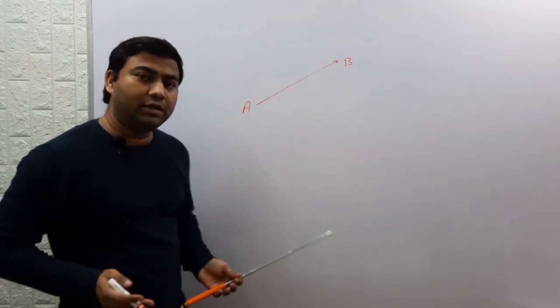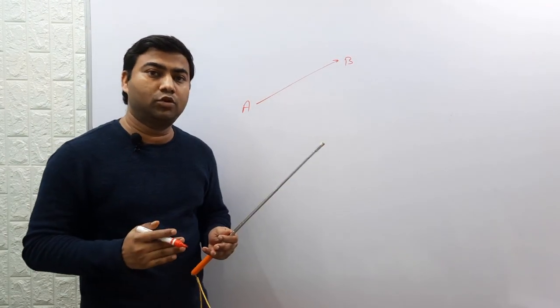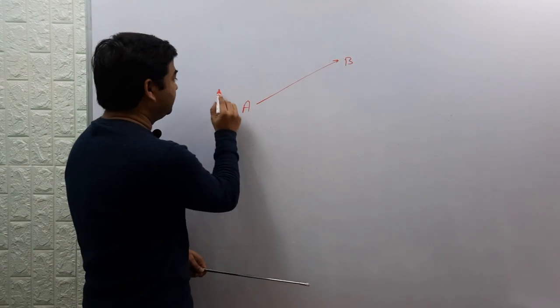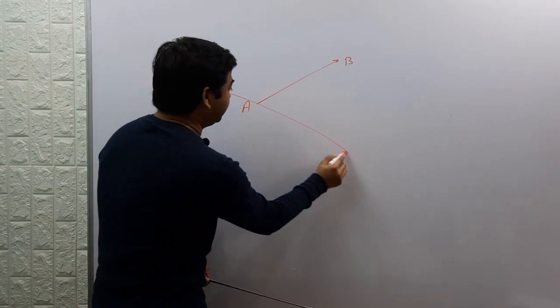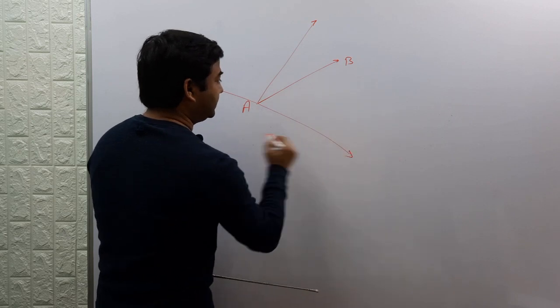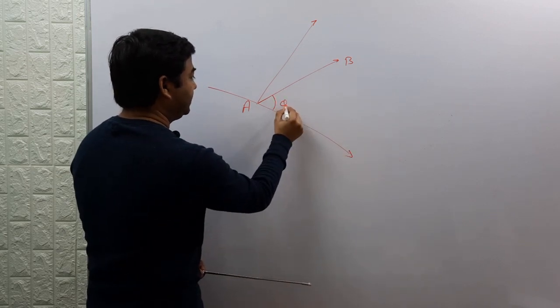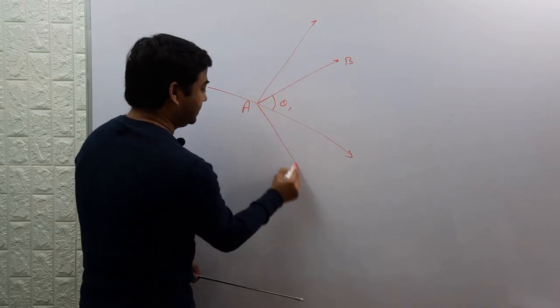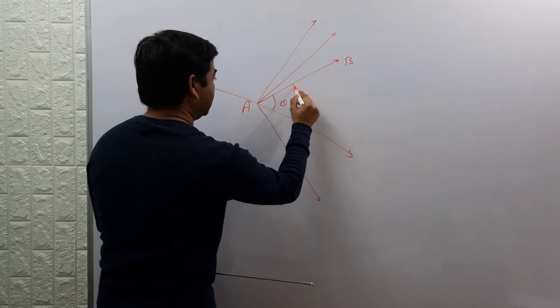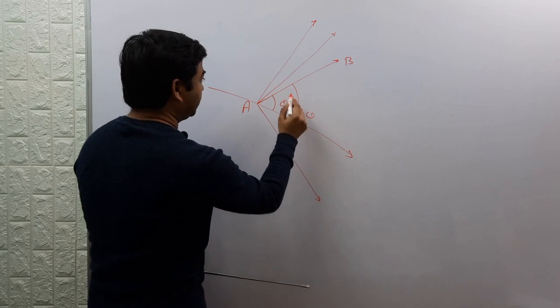There are infinite number of combinations of perpendicular components, because suppose we can take perpendicular components like this, in this direction angle theta 1, similarly angle theta 2, these are also perpendicular.